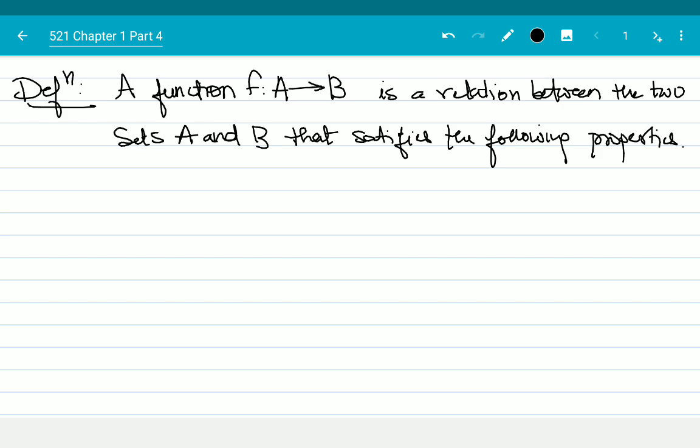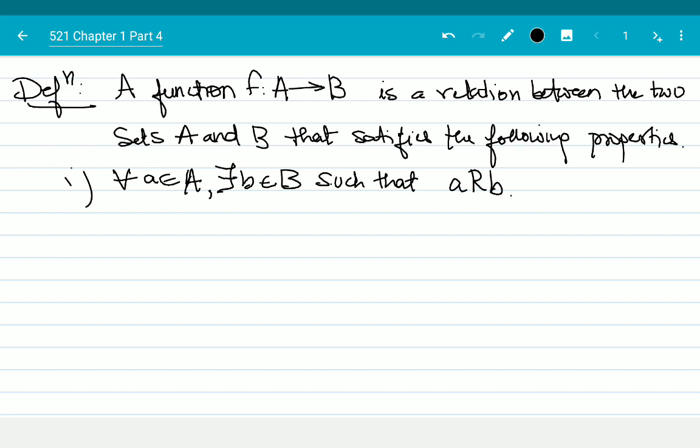Okay, first, for every a in A, there exists a b in B such that a R b.